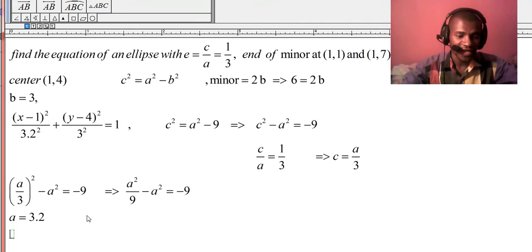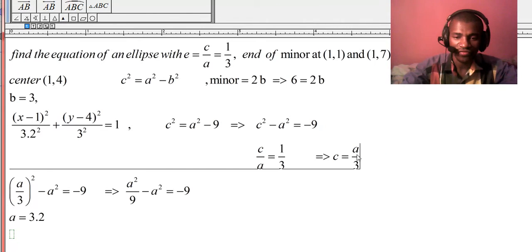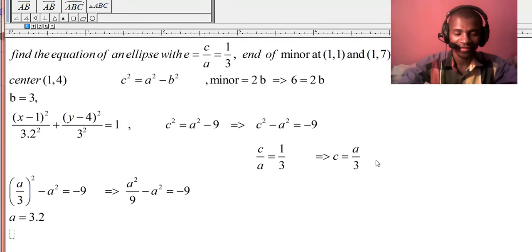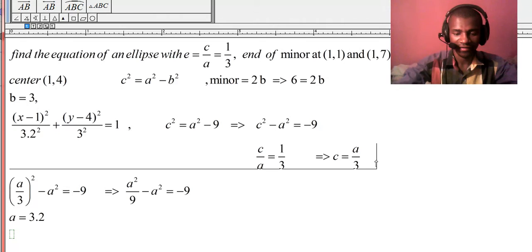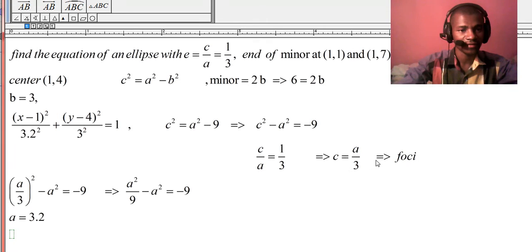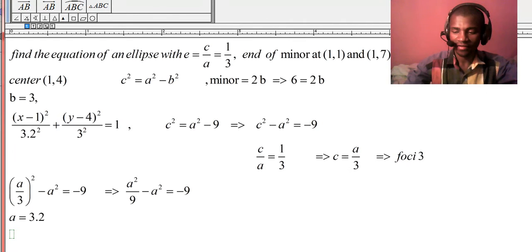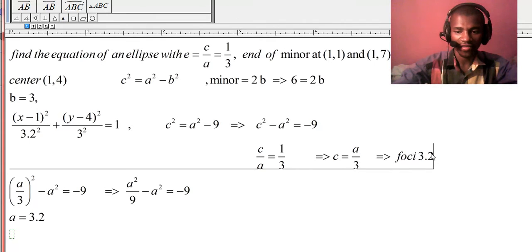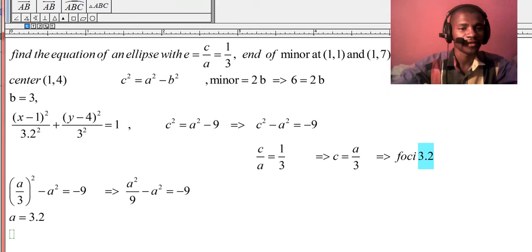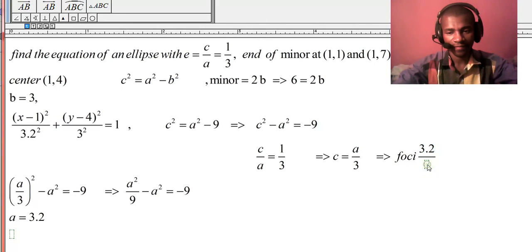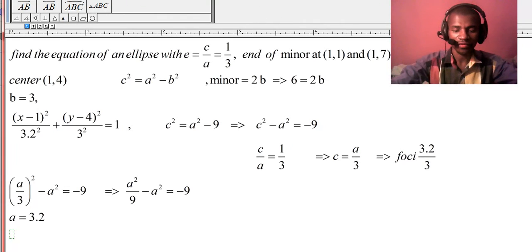So we could say the foci here is C is equals to, so if you want to find the foci, then it follows that the foci is given by plus or minus C, I mean 3.2, which is A, 3.2 over 3. 3.2 over 3, which is equals to 1.1.